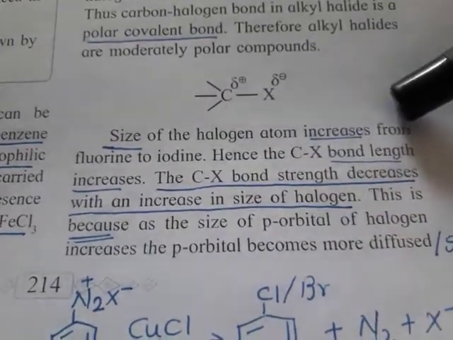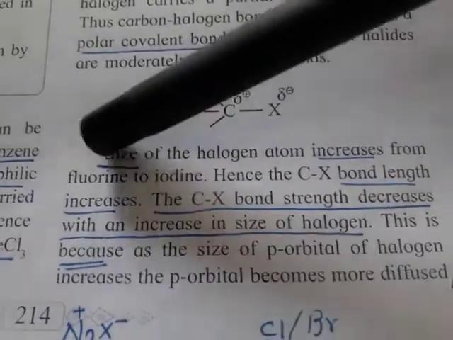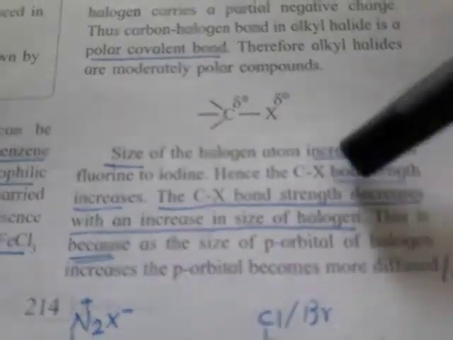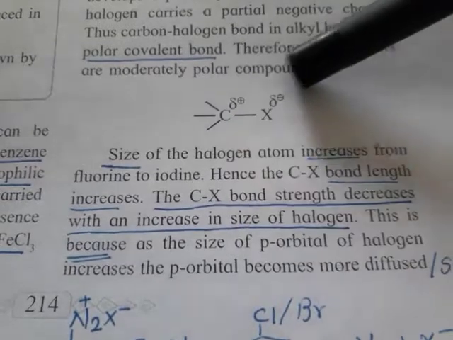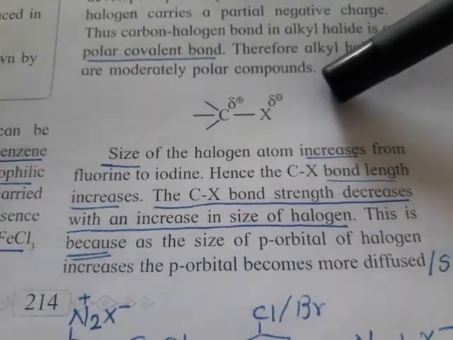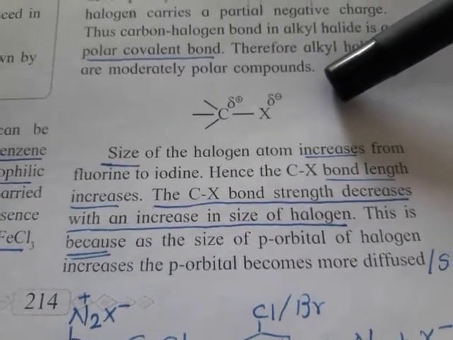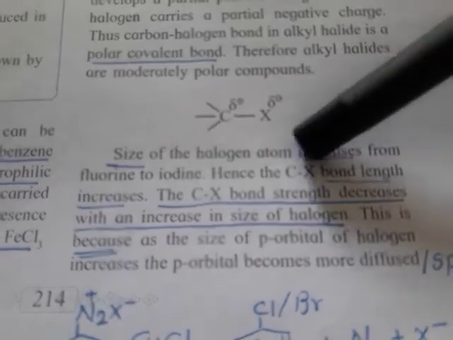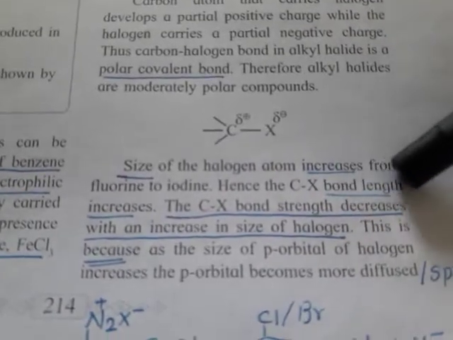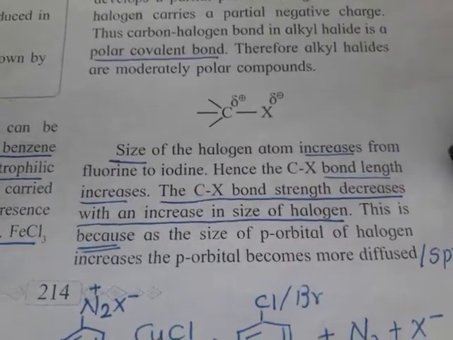As the size of the halogen atom increases from fluorine to iodine, the C-X bond length increases. Obviously, the number of shells goes on increasing as we move from fluorine to iodine. So the distance between carbon and halogen increases, so bond length increases, and therefore C-X bond strength decreases.